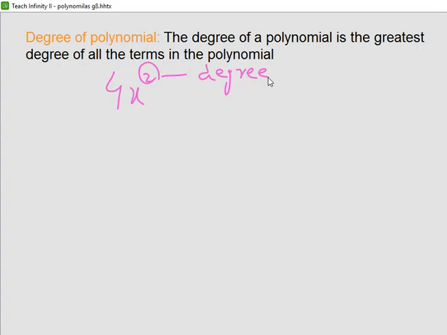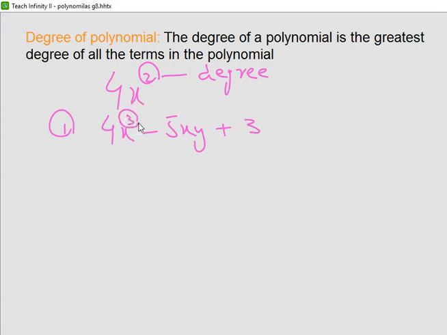What is now the degree of a polynomial? Let me give an example. Suppose a polynomial is 4x cube minus 5xy plus 3. Suppose this is a polynomial, and it is a trinomial because it has 3 terms. Here the highest degree is 3.